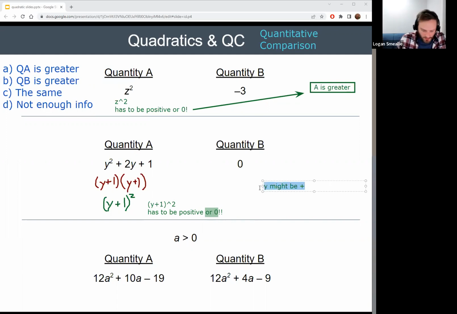Or here, let me say this. Quantity A, quantity B. B is always 0. A is sometimes positive, sometimes 0.